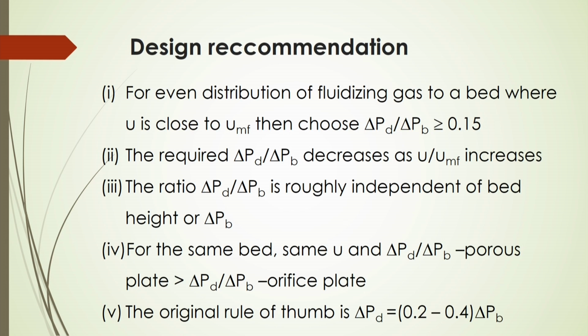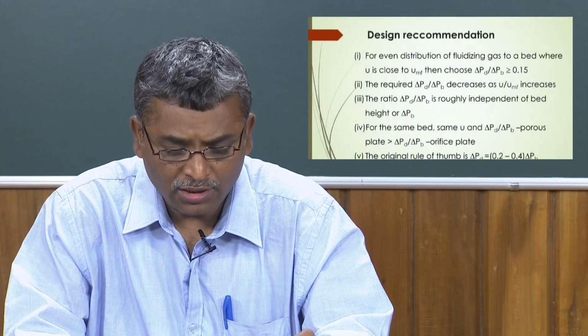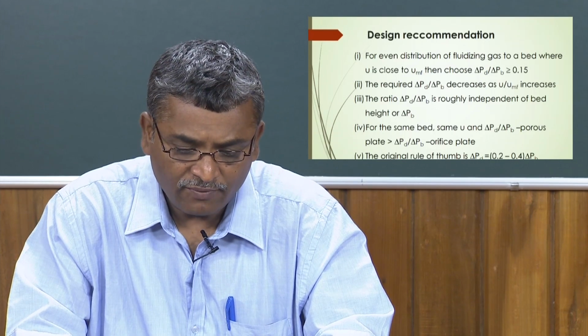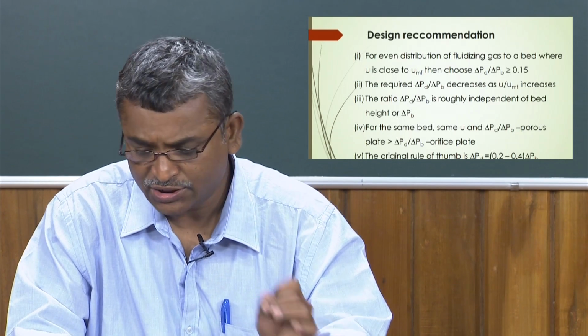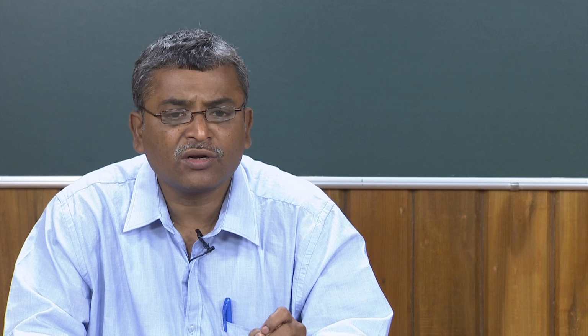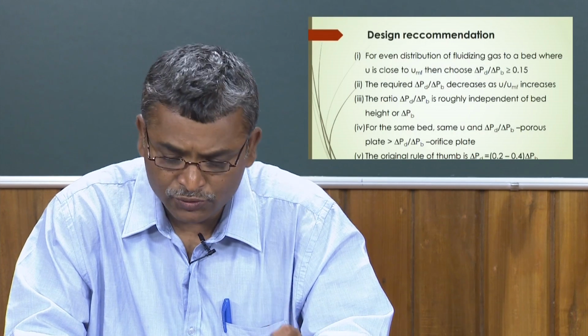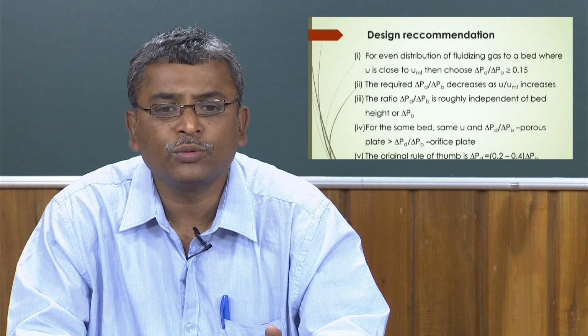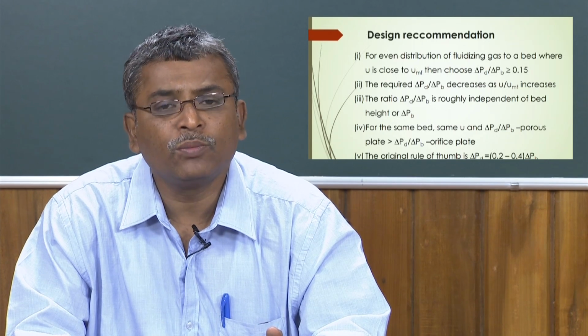Now, what should be the design recommendation for well mixing inside the bed of gas, liquid and solid phases? For even distribution of the fluidizing gas to a bed where u is close to UMF, that means the gas velocity is just maintained at the minimum fluidization condition, you have to choose the ratio of the distributor pressure drop to the bed pressure drop greater than 0.15.